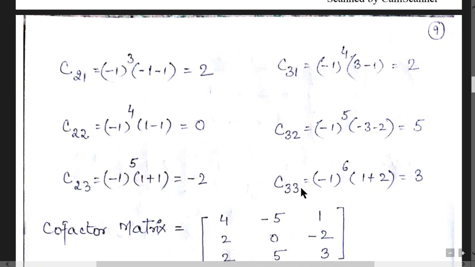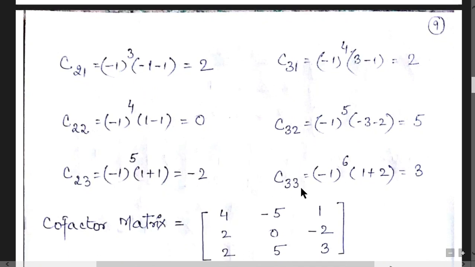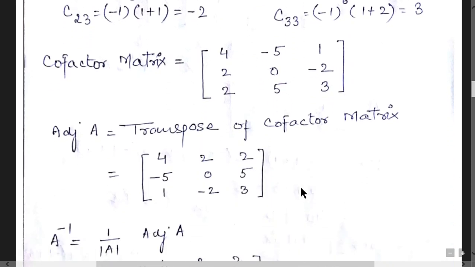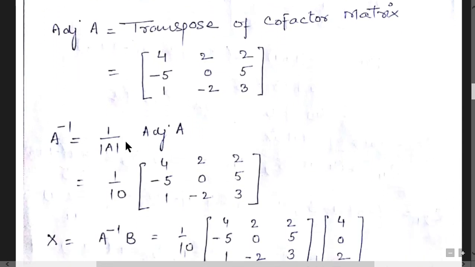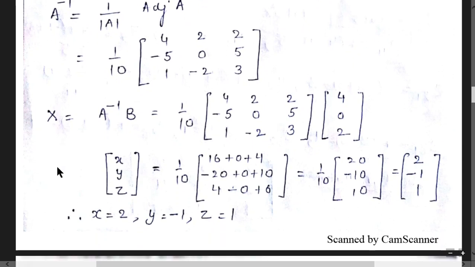All the 9 cofactors are there. Then design the cofactor matrix and take the transpose of this cofactor matrix. It will become the adjoint. Adjoint of A when divided by modulus of A will give us the value of A inverse. Then A inverse when multiplied by B will give us the value of X.